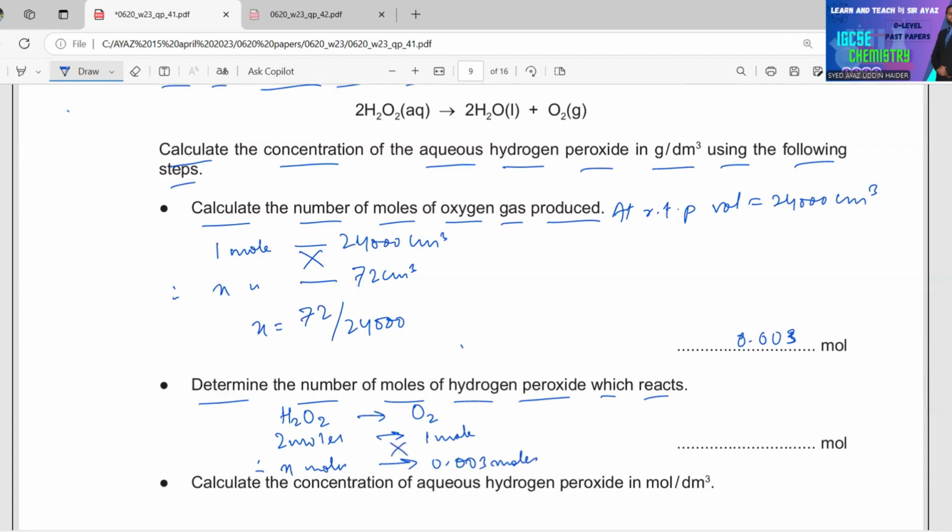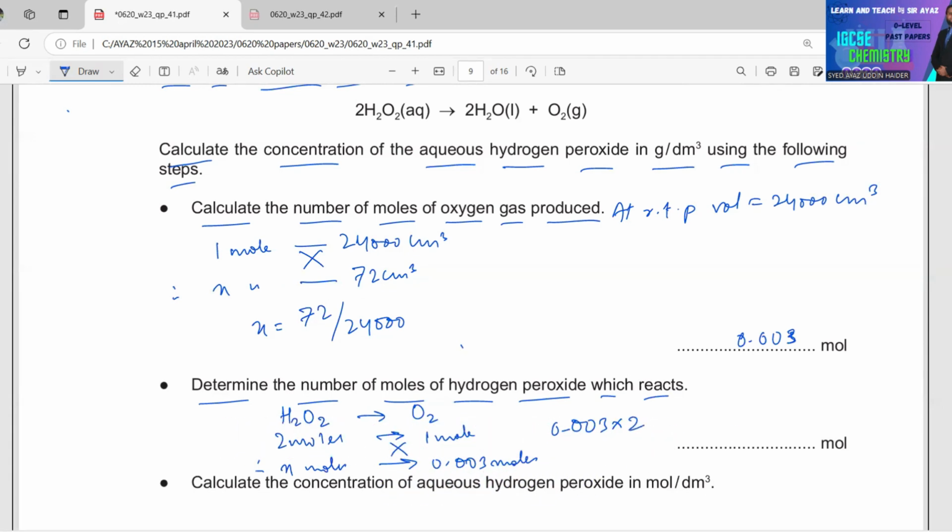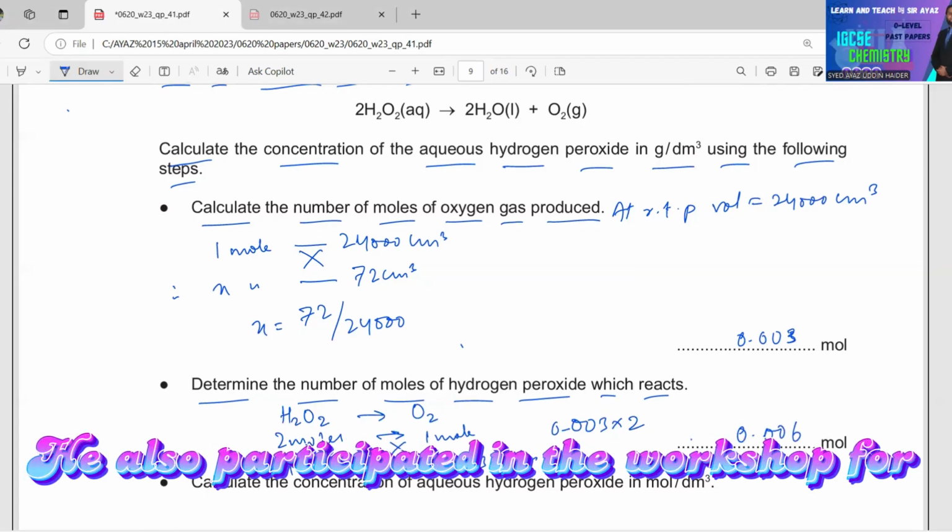Do the cross: 0.003 multiplied by 2, which becomes 0.006. So these are the moles of H2O2, 0.006 moles.